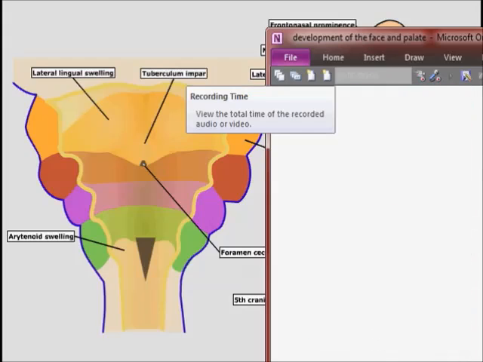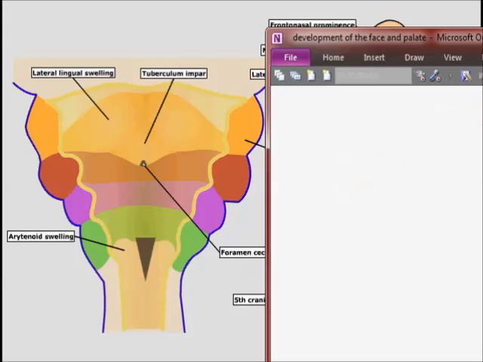Okay, so now they said, let's just say that this is your tongue. It's an ugly looking tongue, I know, but I don't care. This is what I'm doing so we can understand this. This is the side of your tongue. If you think about it, your nose is going to be up here.